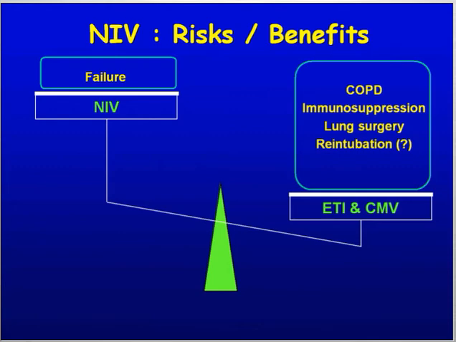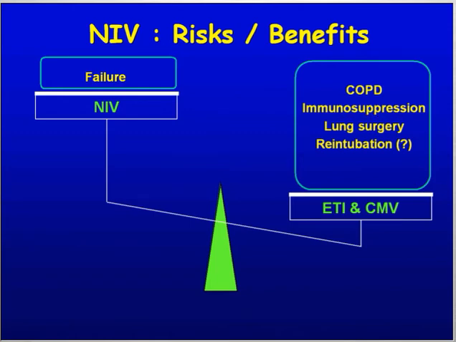In those patients, you may think that you lose some time because it could have been better to intubate the patient earlier on. The risks of mechanical ventilation are well known, and it's especially important in some patients at very high risk. Take the case of patients with immunosuppression.